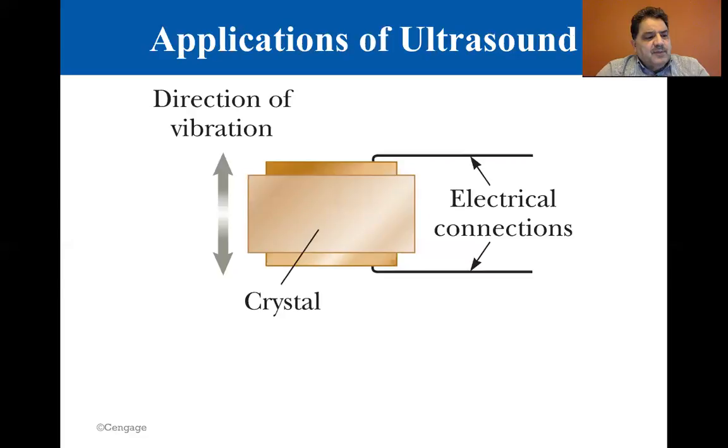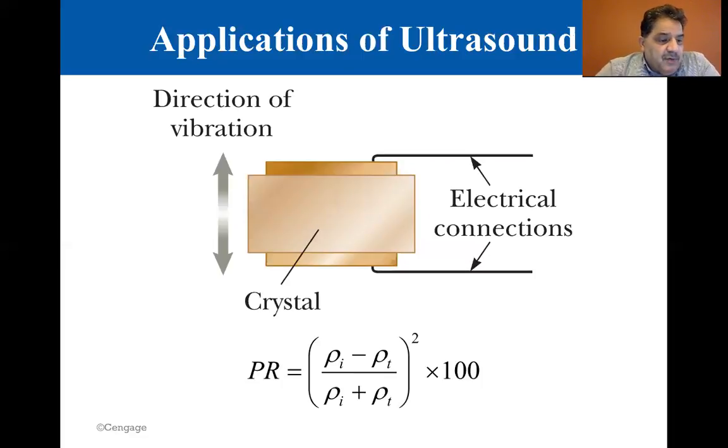The primary physical principle that makes ultrasound imaging possible is that a sound wave is partially reflected whenever it is incident on a boundary between two materials having different densities. If a sound wave is traveling in a material of density rho sub I and strikes a material of density rho sub T, the percentage of the incident sound wave intensity reflected, PR, is given by the equation shown here.